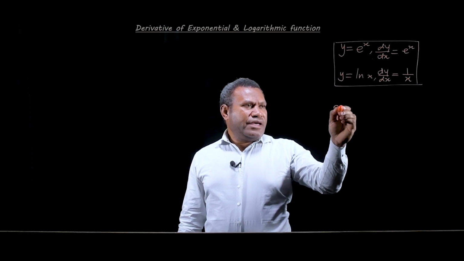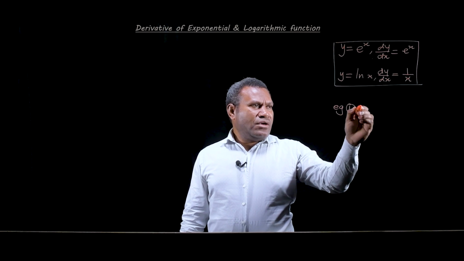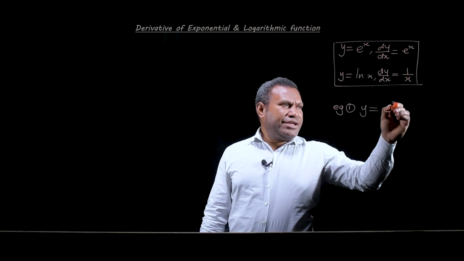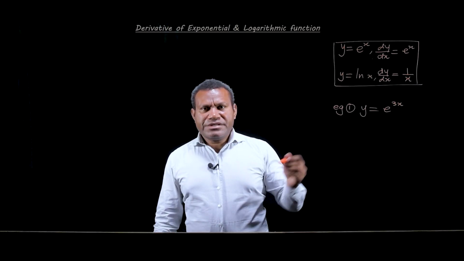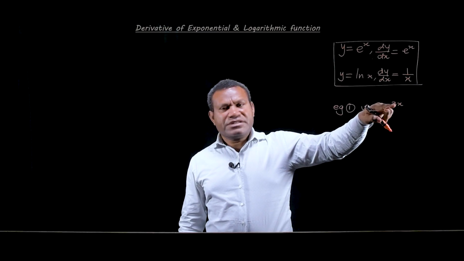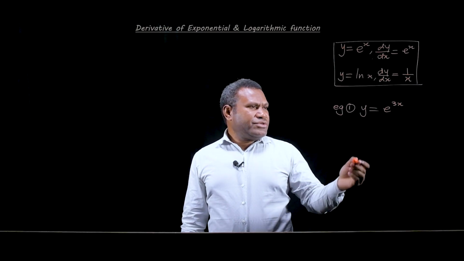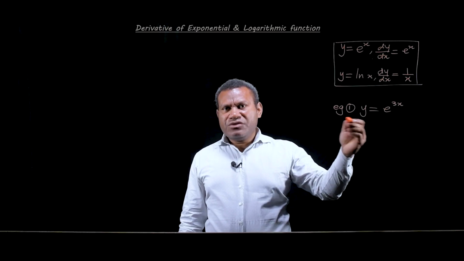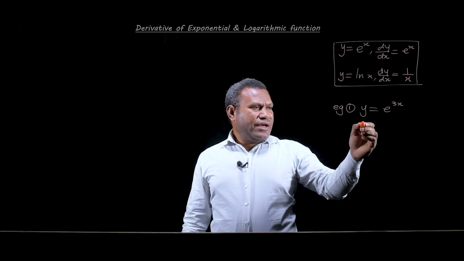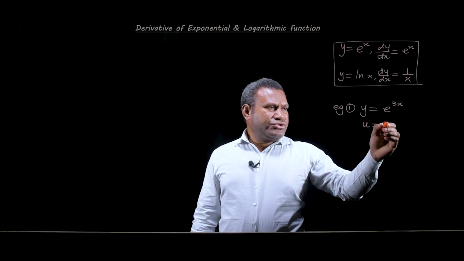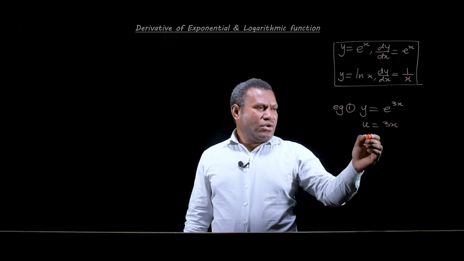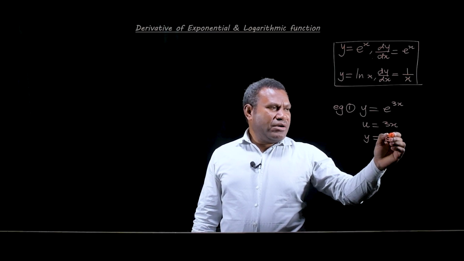Example 1: y is equal to e raised to the power of 3x. I see that the exponential function involves another function in the exponent, so we will apply the chain rule that we learned in the previous lessons. If I let u equal 3x, then this function becomes y equals e raised to the power of u.